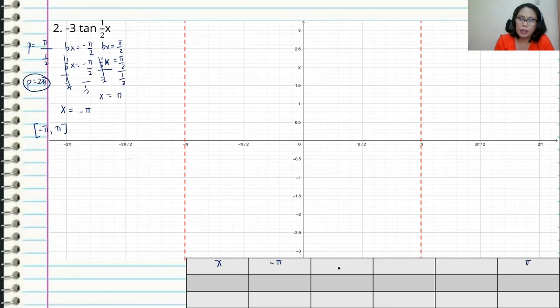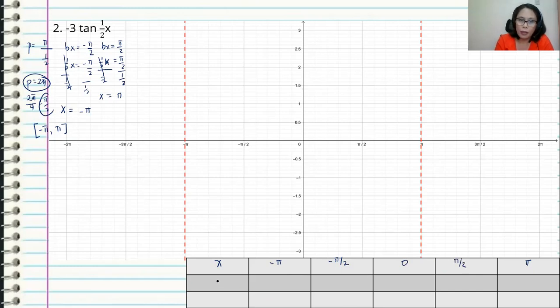Okay. The three middle values can be identified as we divide the period by 4. And this is pi over 2. So we will be adding pi over 2 cumulatively from negative pi until pi. So as we add pi over 2, this becomes negative pi over 2. Negative pi over 2 plus pi over 2 is 0. And then 0 plus pi over 2 is pi over 2.